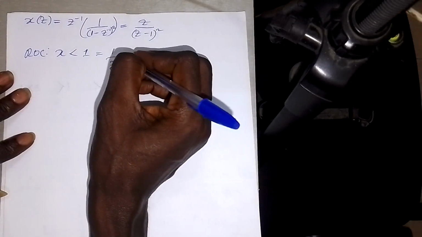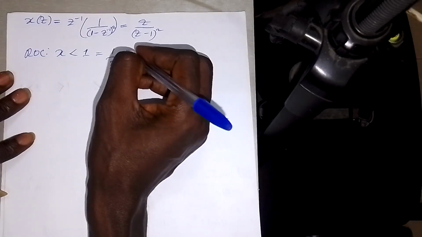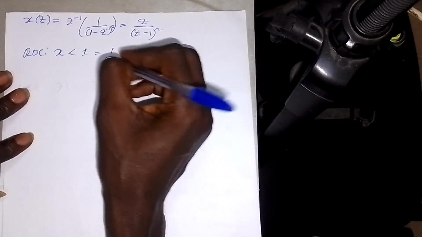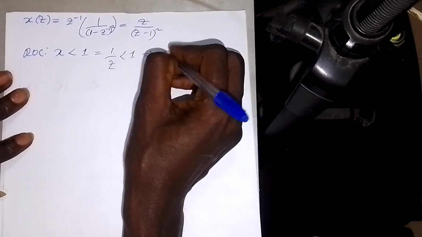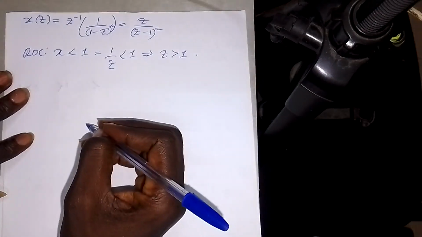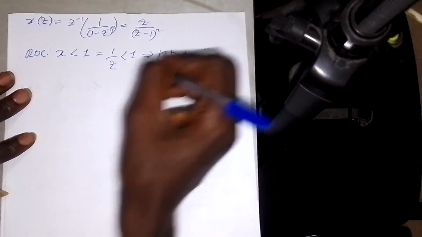So the ROC: this one is equal to 1 over z, which is less than 1. So now here I'm going to have z greater than 1. Because it's the ROC, I'll make it mod z greater than 1.